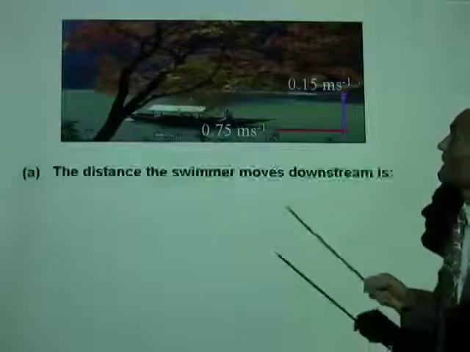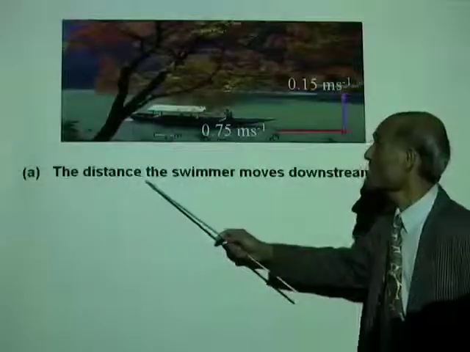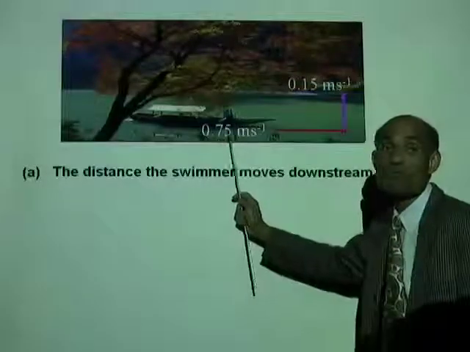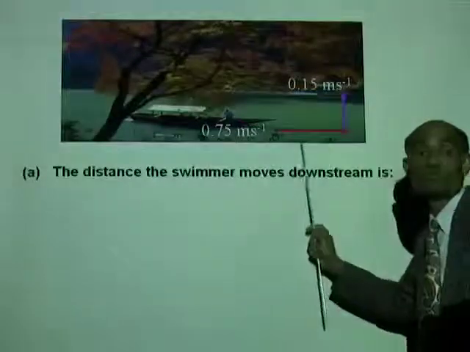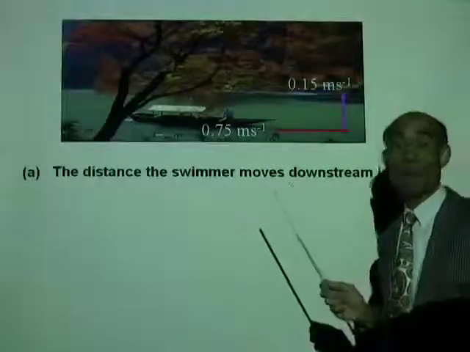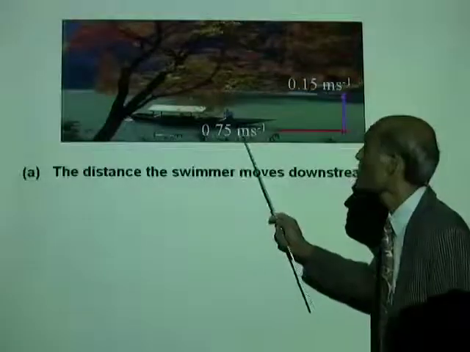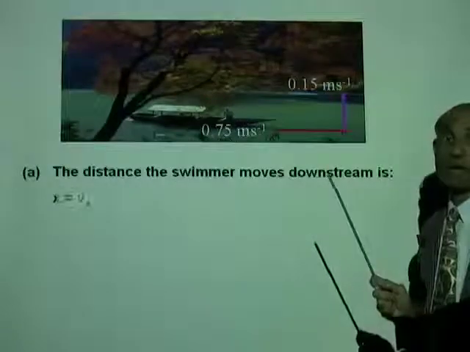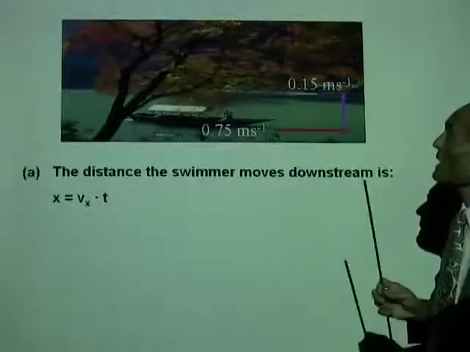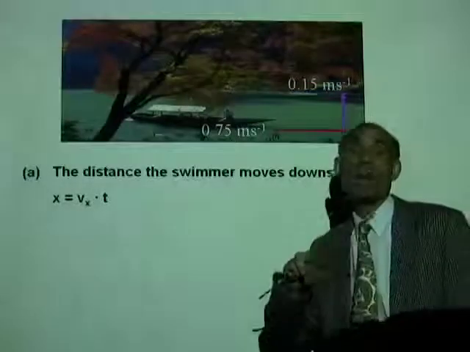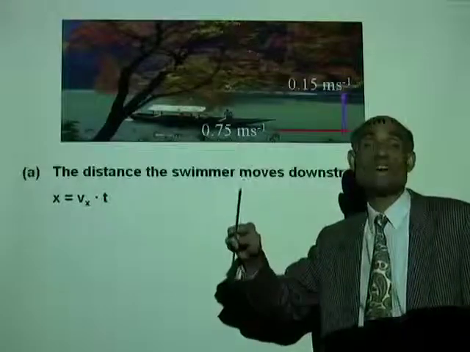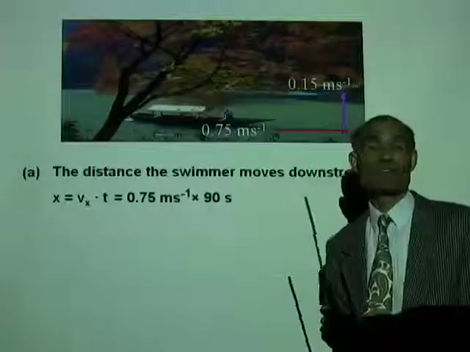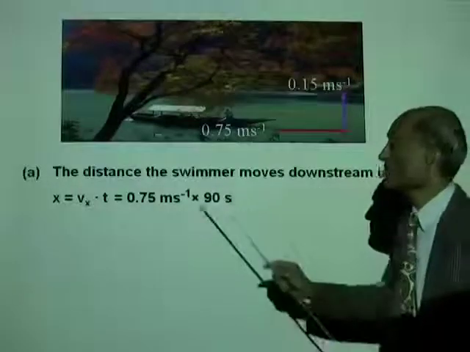Alright? Now, part A. The distance the swimmer moves downstream is purely due to the velocity of the river. We need to know how far the swimmer has been carried in 90 seconds, a minute and a half.